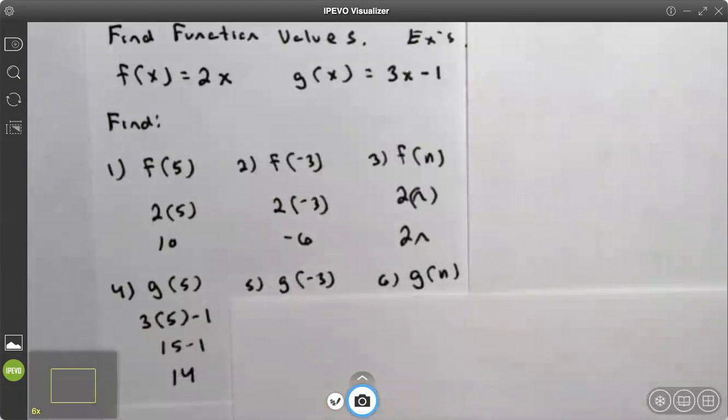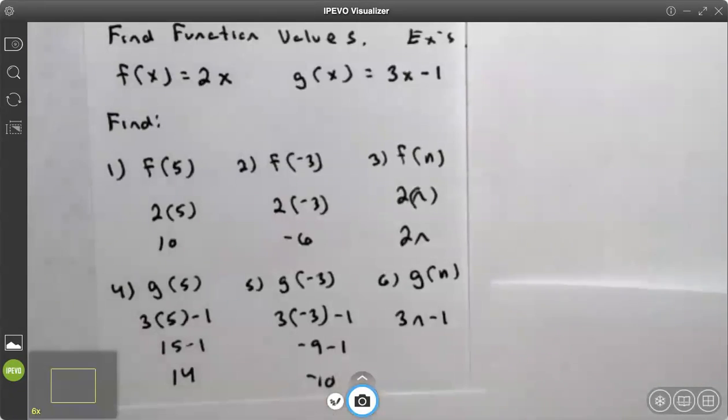The answer is 14. Try number 5. You plug 3 in. 3 times negative 3 is negative 9, plus negative 1 is negative 10. And try number 6. You plug n in, you just get 3n minus 1, and that's all you can do with it.